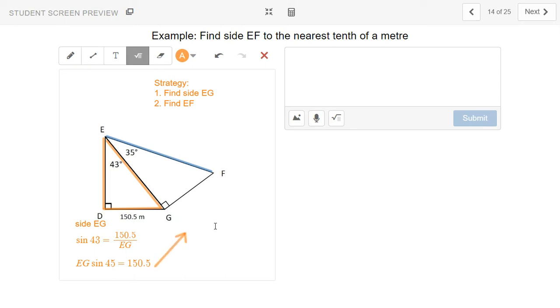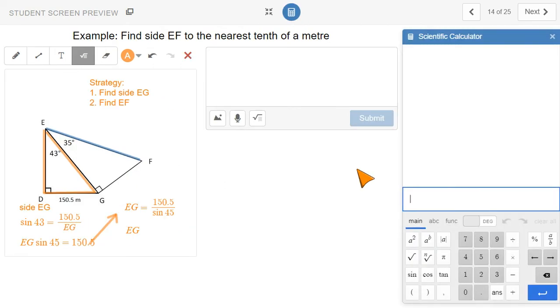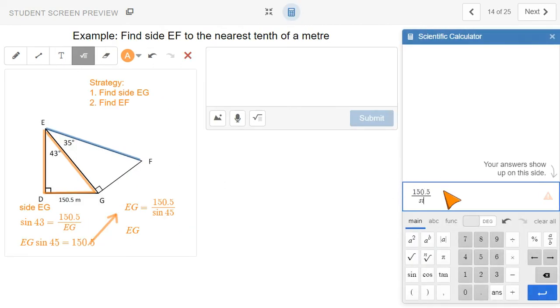All right, let's wind our way up here. Let's rearrange again. So EG is equal to 150.5 divided by sine 43. Our calculator tells us we have a length of 212.8.